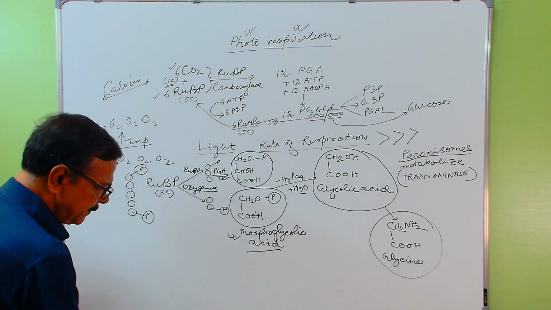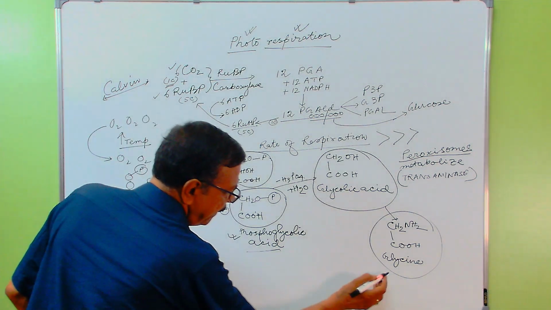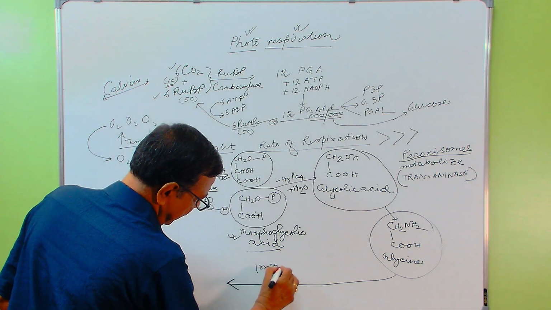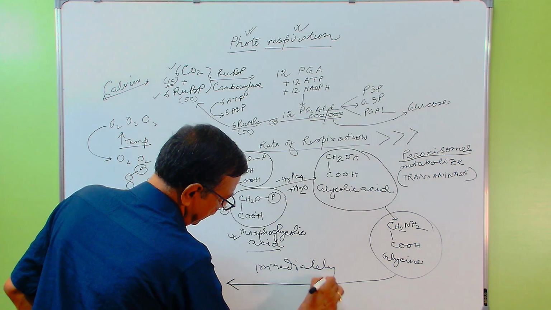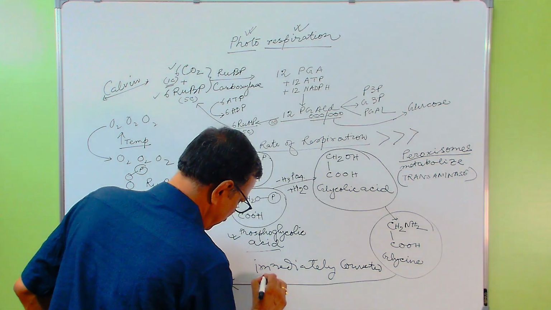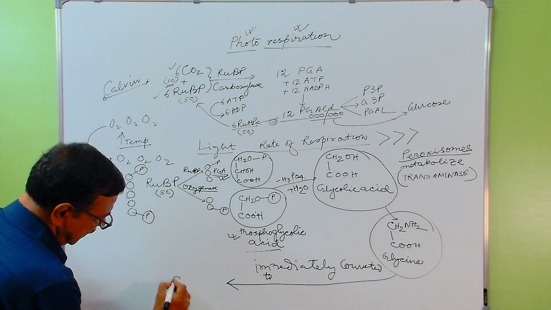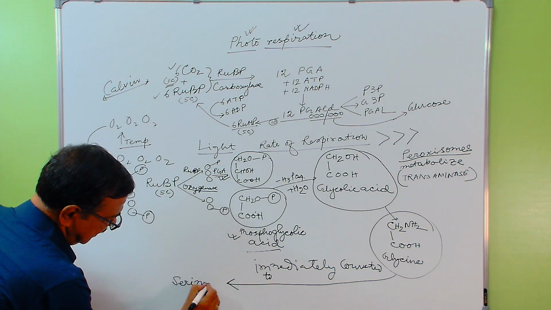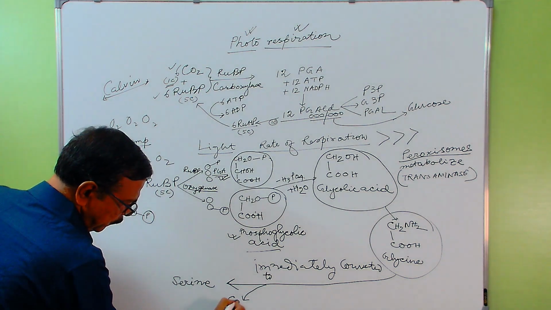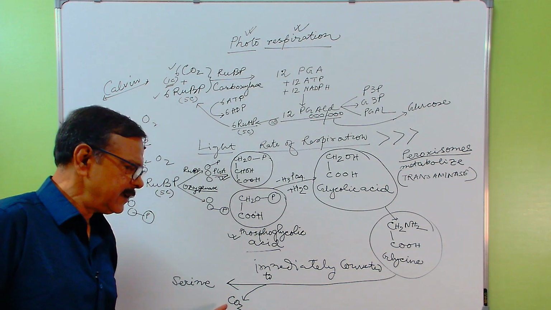Glycine is immediately converted to serine, S-E-R-I-N-E, with the liberation of CO2.